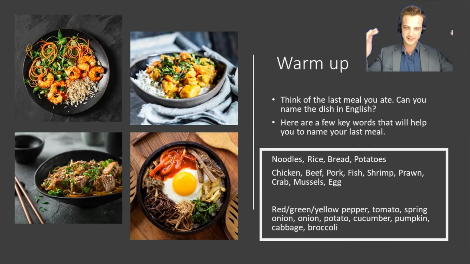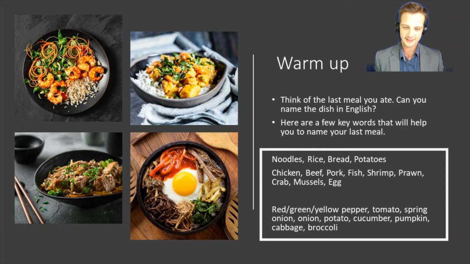And then I've added the vegetables at the bottom: red, green, or yellow pepper, tomato, spring onion, potato, cucumber, pumpkin, cabbage, or broccoli. Okay, these will help you to hopefully name your last meal.